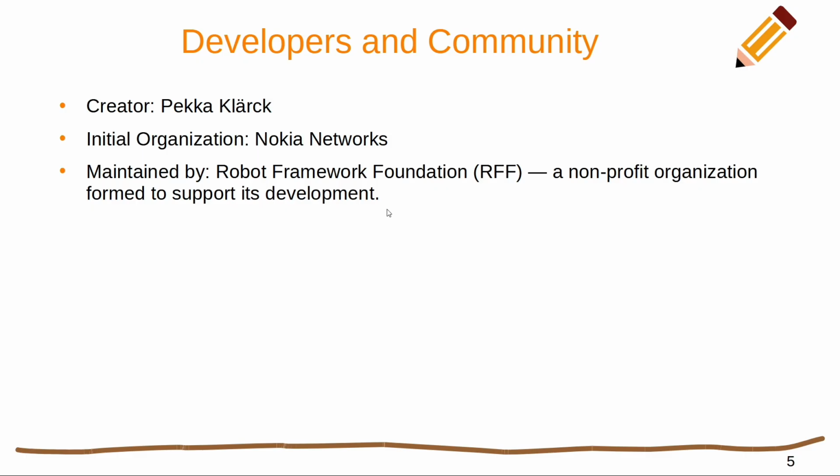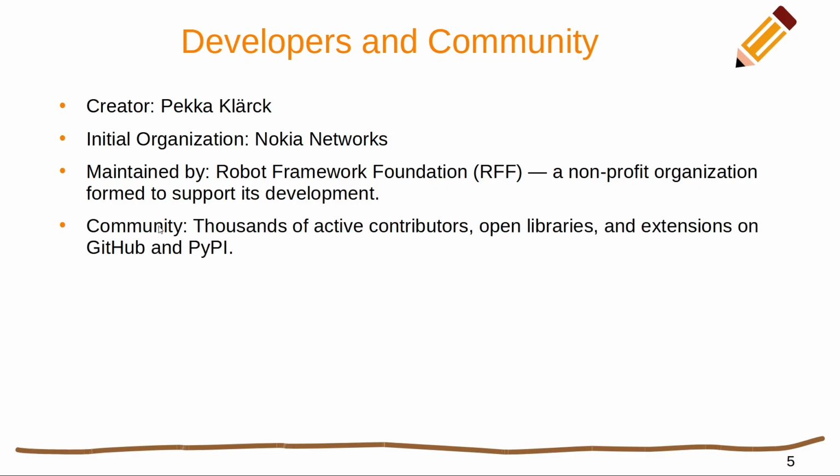Then the community has thousands of active contributors, open libraries and extensions on GitHub and PyPI. If you want the documents on Robot Framework or any raw material, or you want the source code, then you can access it on GitHub, and libraries via PyPI. So these are the things about developers and community.